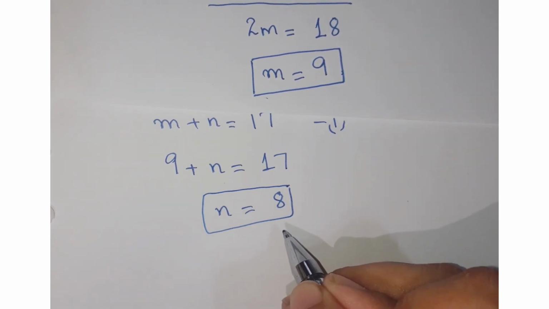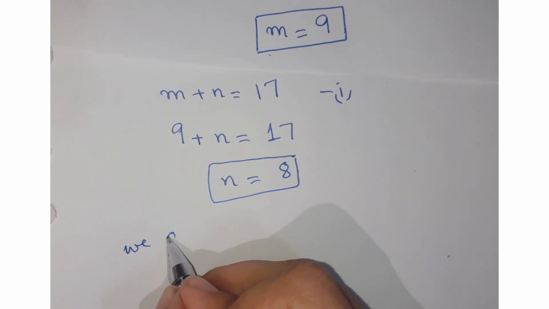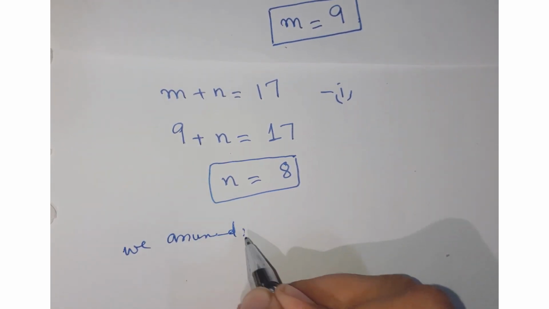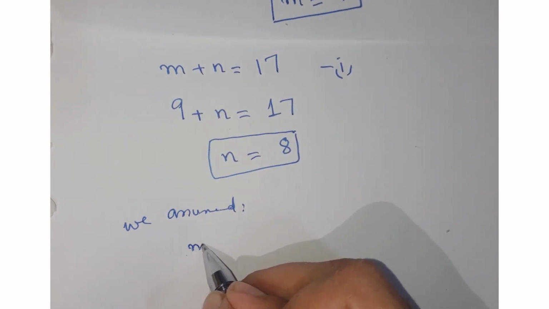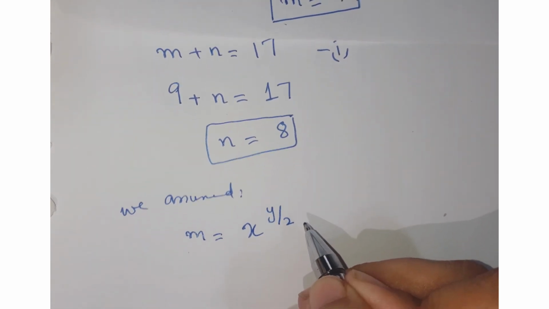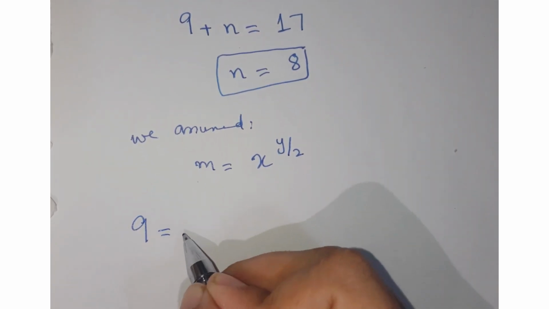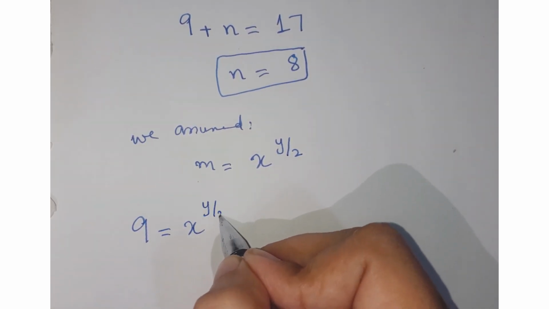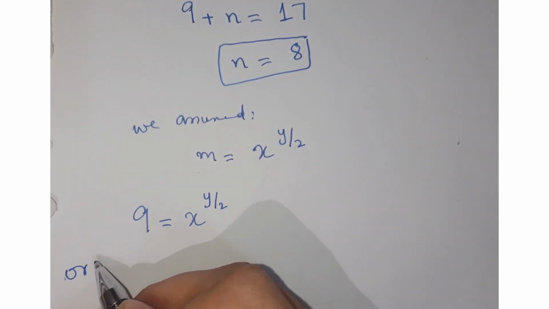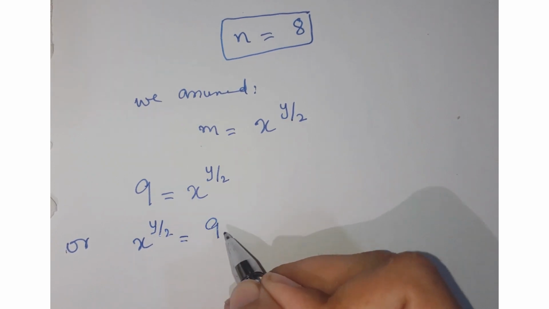Now according to our assumption, we assumed that m is equal to x to the power y upon 2. So just put the value of m here, you get 9 is equal to x to the power y upon 2, or you can write it as x to the power y upon 2 is equal to 9.